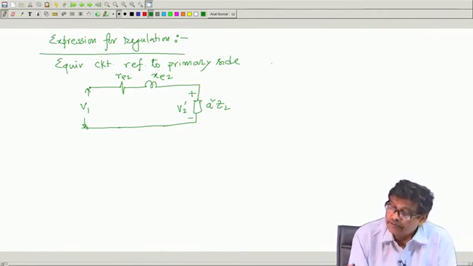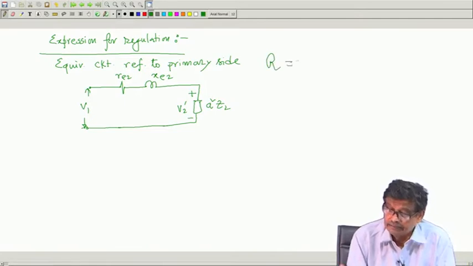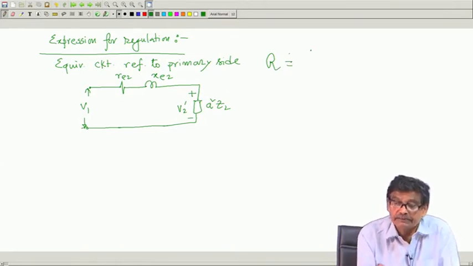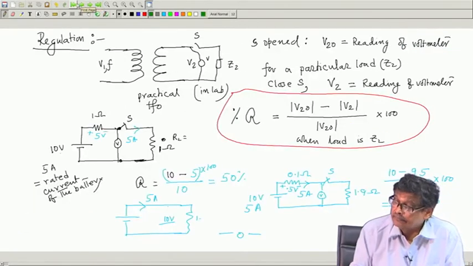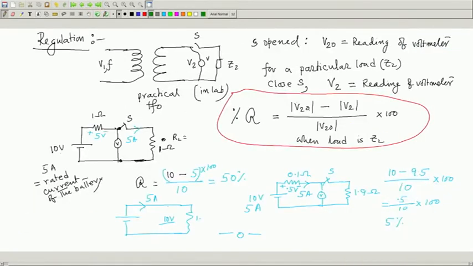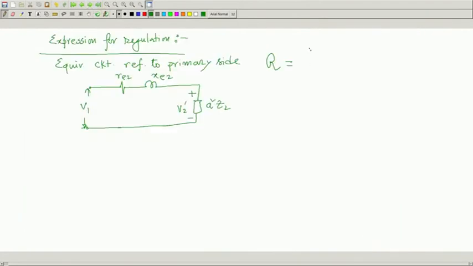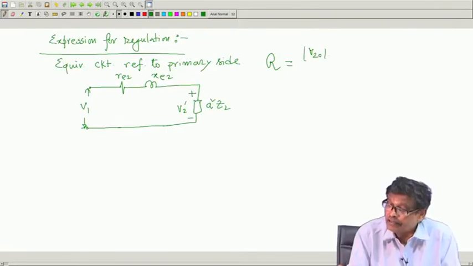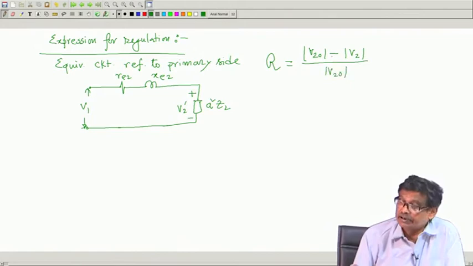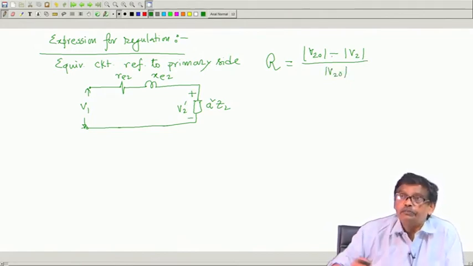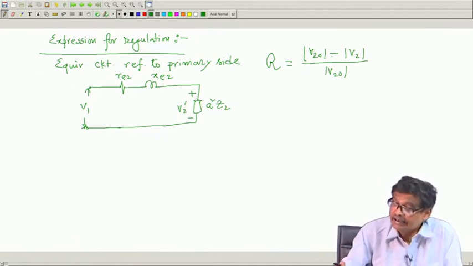And we have defined the regulation as magnitude of V 2 0 minus V 2, divided by magnitude of V 2 0, is it not, that was the regulation, and all quantities here were with respect to the secondary side.